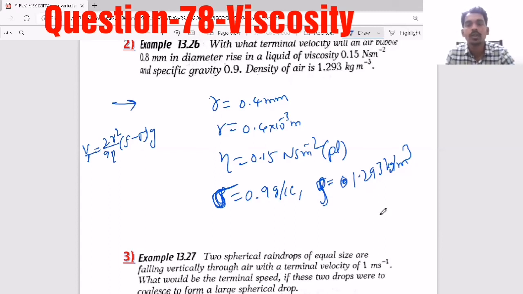So that's why rho is 1.293. Then you can understand and substitute the values. R is given, eta is given, rho, sigma, g, everything is given. Just substitute and calculate the answer. See, the same formula, but they changed it in a slightly different manner. So that is what you need to understand.